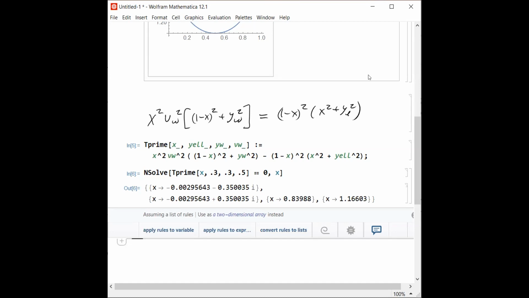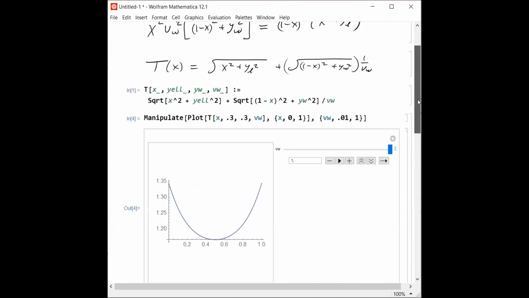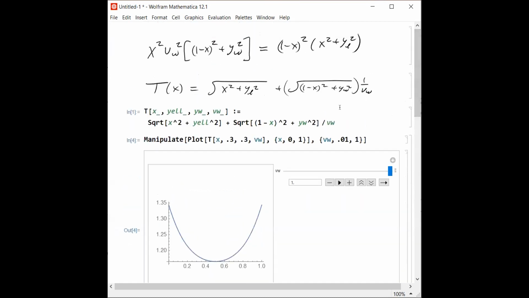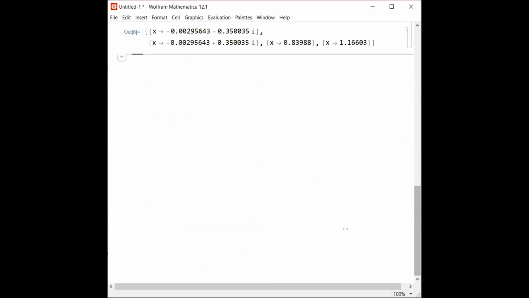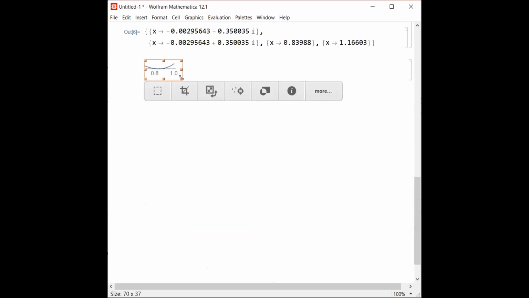Well, if you look at what we had before, so we initially were having the swimmer at 0.5, I think. Yes. Does it look like 0.839 could be reasonable? We could zoom in on this if we wanted to. Probably the cheapest way to just zoom in.